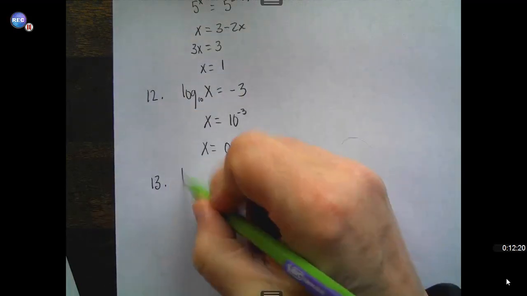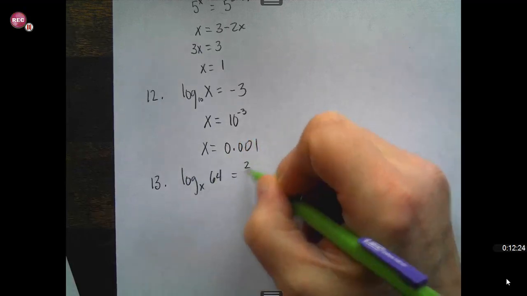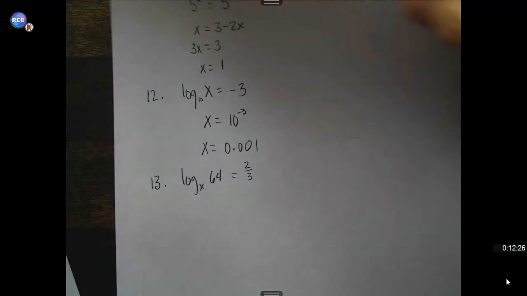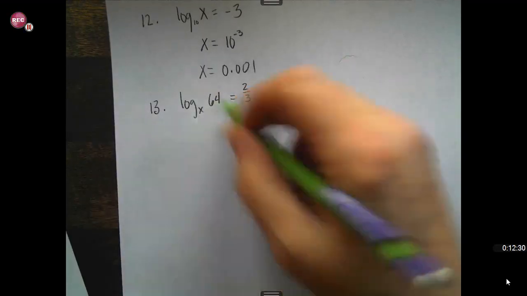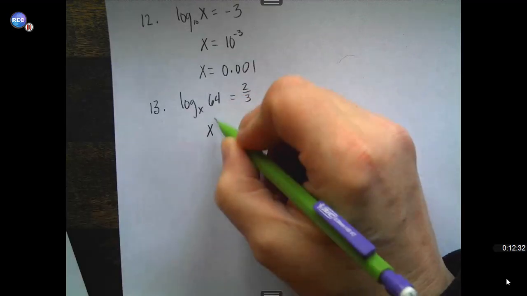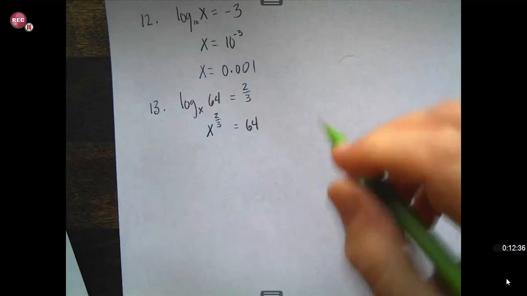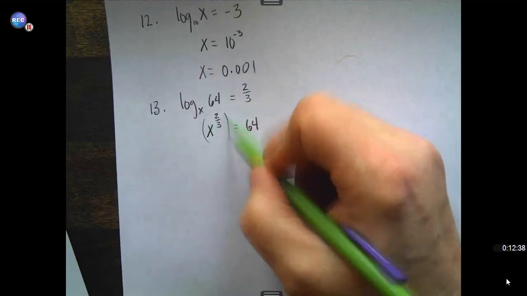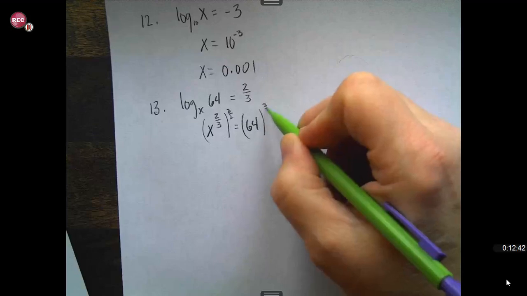13, I have log to the base x of 64 equals 2/3. Okay, so if I apply the definition here, I get x to the 2/3 equals 64. And I would raise each side to the 3/2 power.